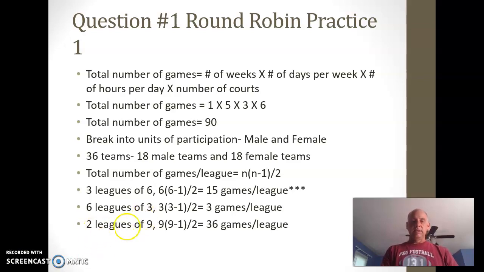If we look at 6 leagues of 3 teams each, we're basically coming out with 3 games per league. So small n is 3. 3 minus 1 is 2, times 3 gives us 6, divided by 2 gives us 3. Let's say we do 2 leagues of 9. Then n minus 1 is 8, times 9 gives us 72, divided by 2. We're looking at 36 games per league to get our leagues in.